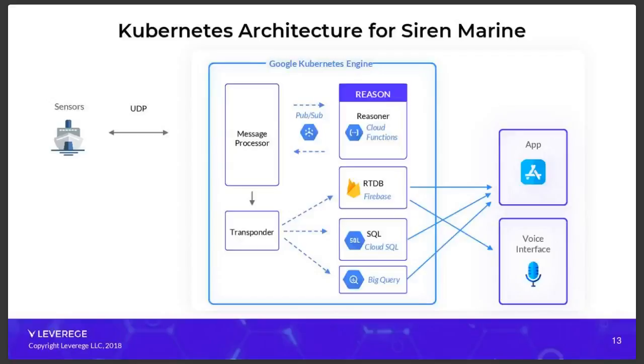Next, all the messages go through something called transponder. And this is also something that Leverege has written. What it does is help write to all the databases. Again, the real-time database is served by Firebase to update the native app, but it can also support voice interfaces like Alexa in real time. And all the historical data goes through Cloud SQL and also BigQuery.